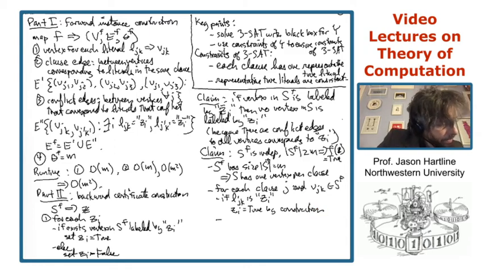Okay, and now what about the other case? If Ljk is zi bar, now we get to use our claim. If a vertex in S is labeled by zi bar, then no vertex in S is labeled by zi.